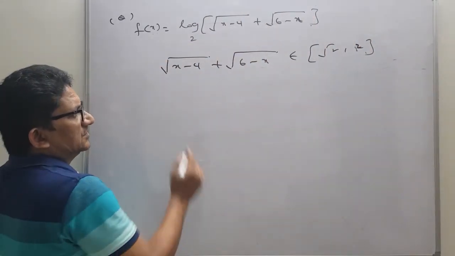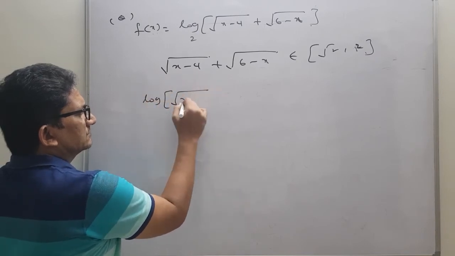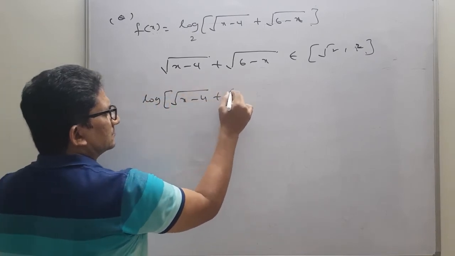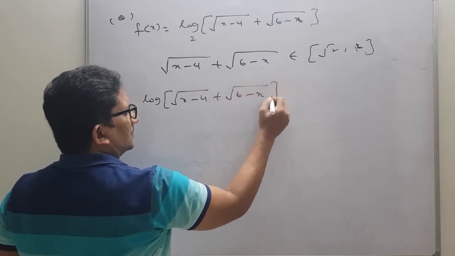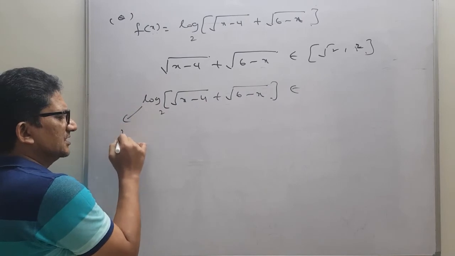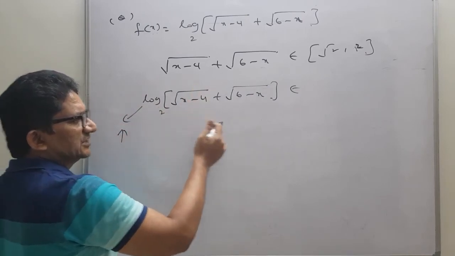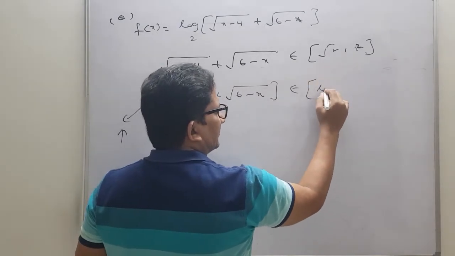So now we want the logarithm of this whole thing to the base 2. We know that a logarithmic function is always increasing when the base is more than 1. So when the function is increasing, we can apply the outside function as it is.